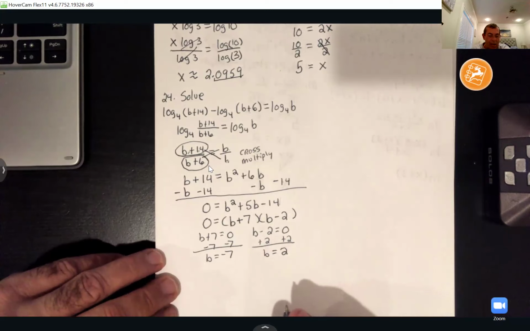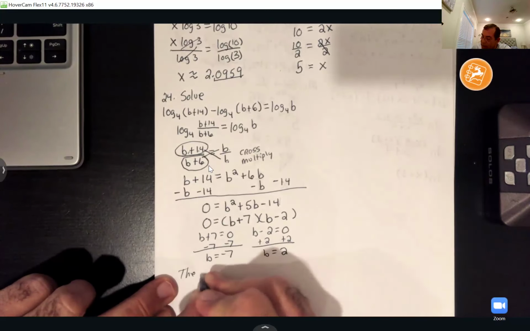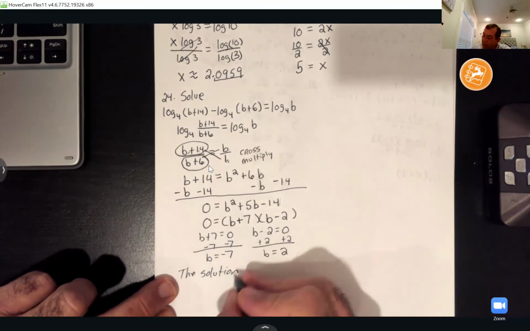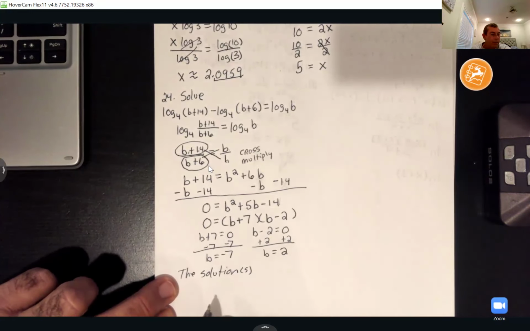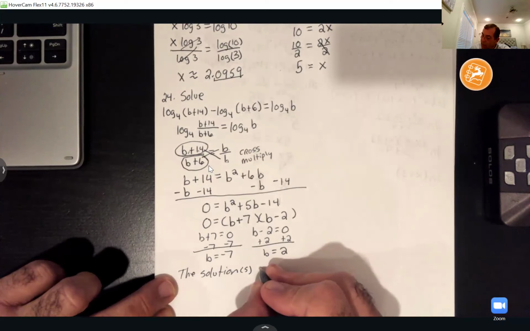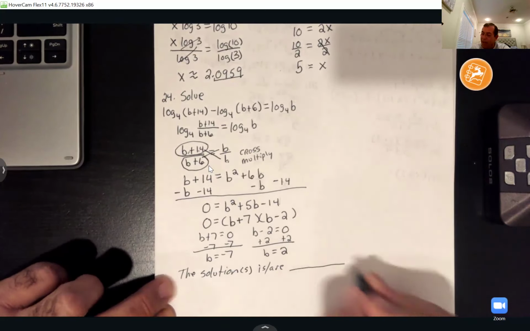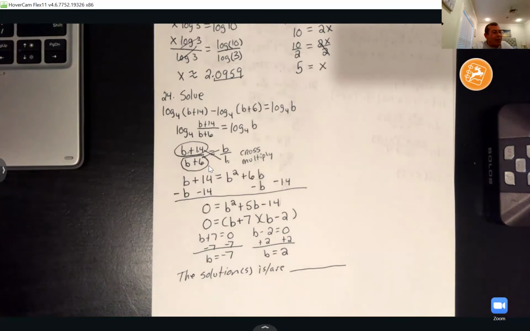So now this one will have a blank that says the solutions is or blank. I think that's how they wrote it. Let me make sure.